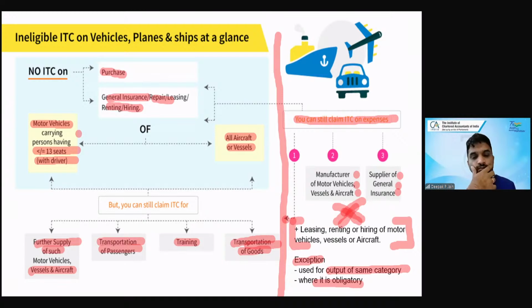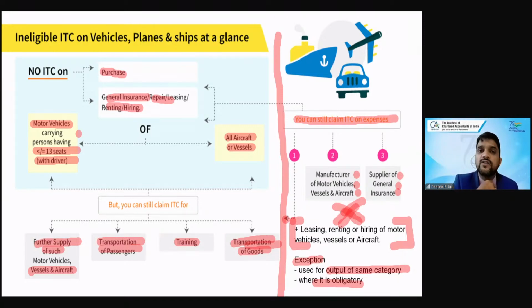And he is a registered GTA. So, sir, he has a transport through which he transfers the goods, and that vehicle is on lease. So, sir, then also he will not be able to claim the ITC.